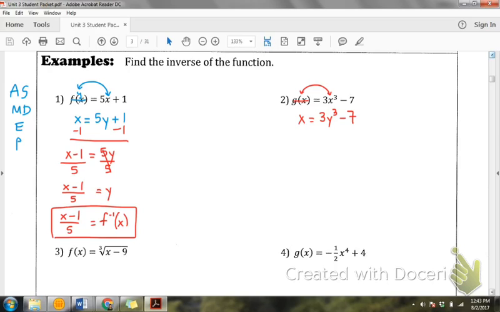Yeah, there's a negative 7, right? And so Braxton was telling us we need to add 7 over to the other side. So I'm going to have x plus 7 equals 3y cubed. Okay? X plus 7 equals 3y cubed.